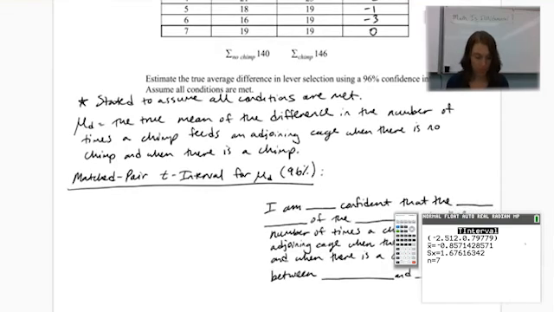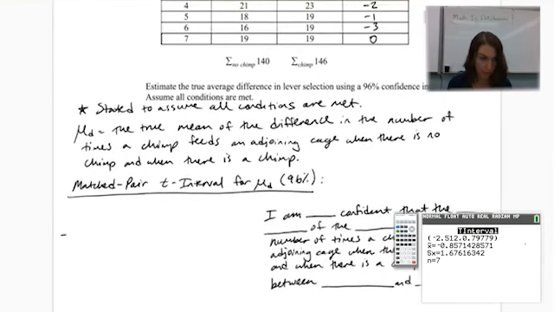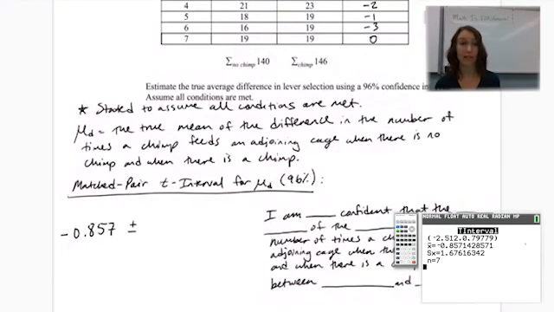So my x bar is -0.857 plus or minus my t critical value. The fastest way I find my t critical values is to use the t table from our AP Stats formula sheet. At the very bottom of the t table, it gives confidence levels. So a 96% confidence level. And then for my t critical score, I'm going to go all the way up until I get my degrees of freedom.